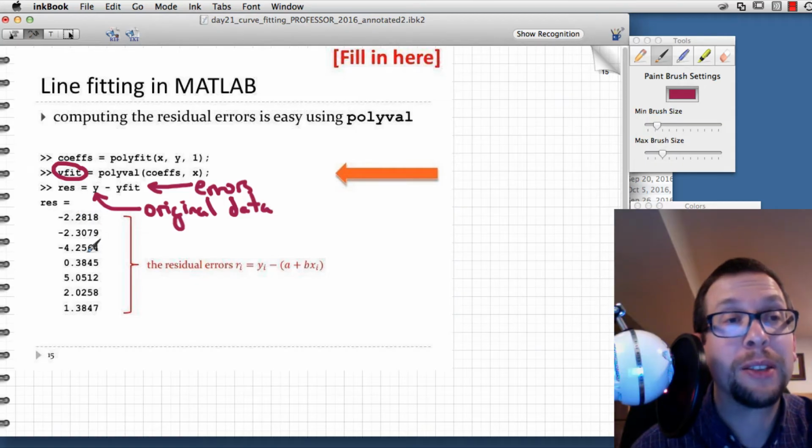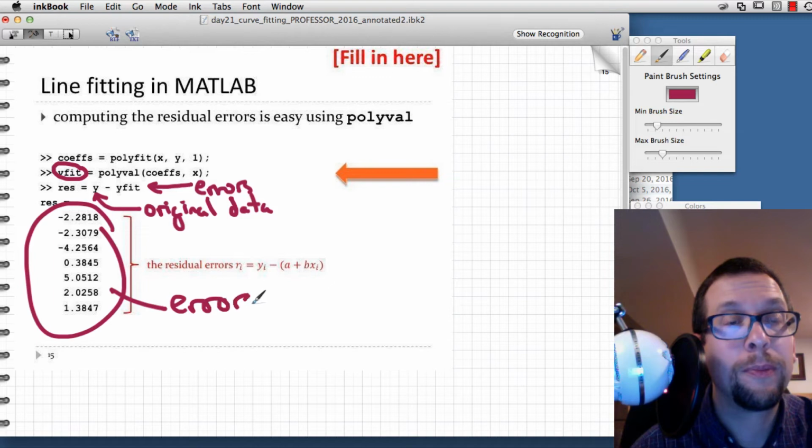And then we get effectively all of the errors per measured data.